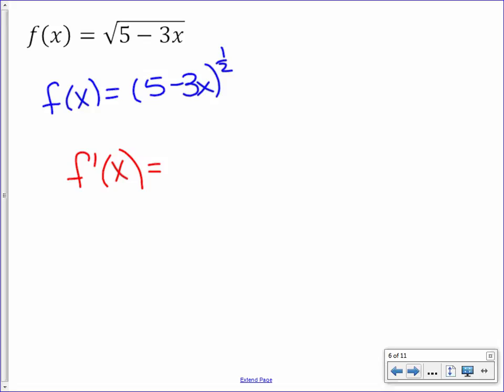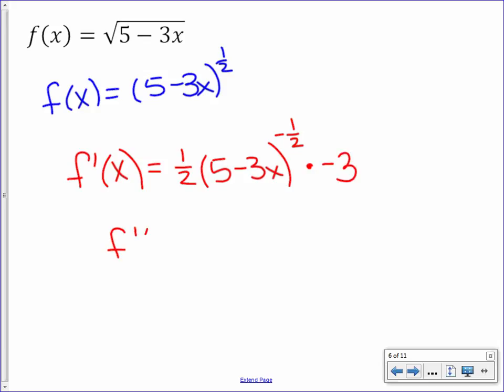Whatever to the 1/2. When we do that power rule, it becomes 1/2, and then decrease our power by 1, multiplied by the derivative of the inside, which is -3. So our derivative is -3 over 2 square root of 5 minus 3x.